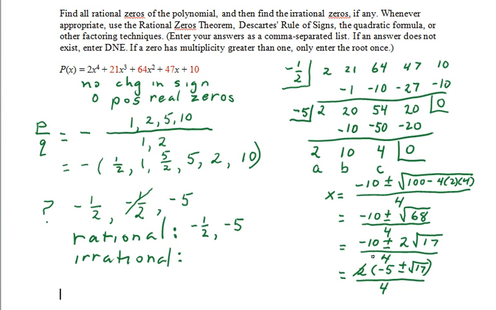We can cancel the 2 into the 4, and we're getting 2 irrational zeros, -5 plus or minus the square root of 17 over 2. And so our irrational zeros are -5 plus or minus the square root of 17 all over 2.